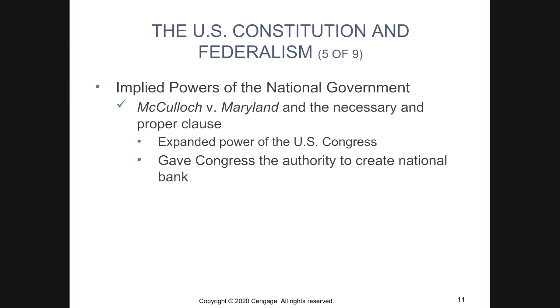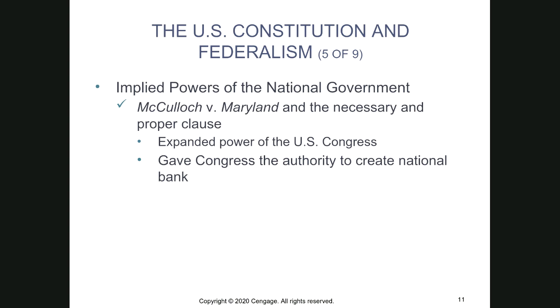So the federal bank says, no, we're not going to pay this tax. And so ultimately it goes up to the United States Supreme Court. Originally the issue was whether or not the federal bank has to pay this tax. It becomes about a larger issue, though, which is, was the federal government able to create that bank to begin with?